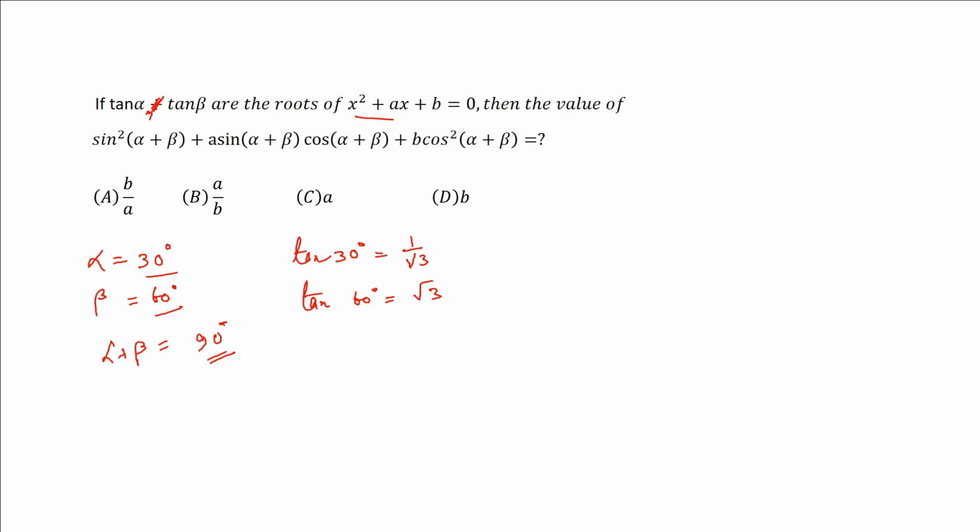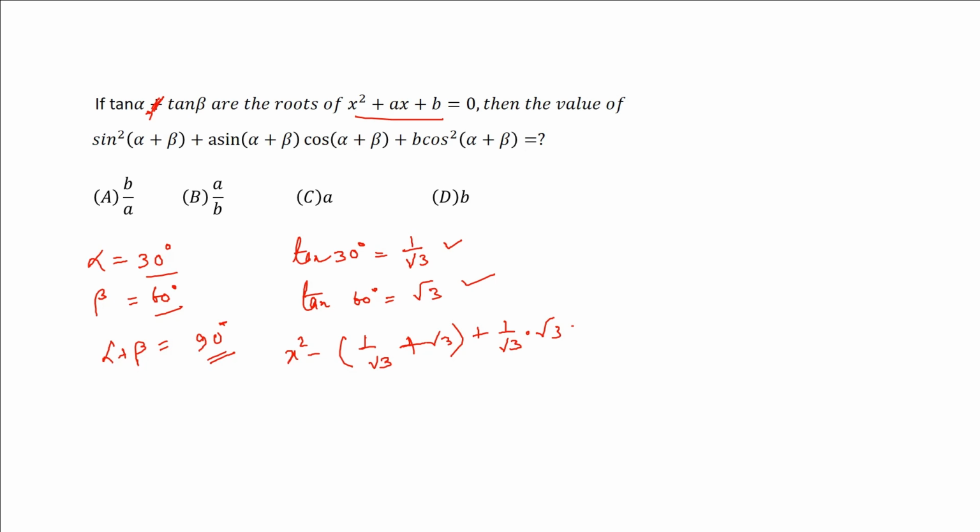So the equation whose roots are 1 by root 3 and root 3 is x square minus sum of roots, that is (1 by root 3 plus root 3), x plus 1 by root 3 into root 3 equal to 0.